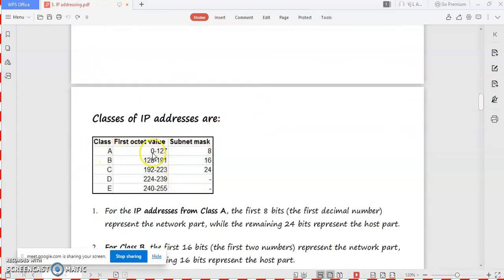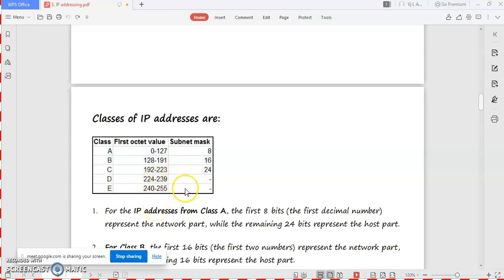Class A is 0 to 127, with a subnet mask of 8 bits. Class B is from 128 to 191, which is 16 bits. Class C is 192 to 223, which is 24 bits for the subnet mask. And class D and E are 224 to 239 and 240 to 255.